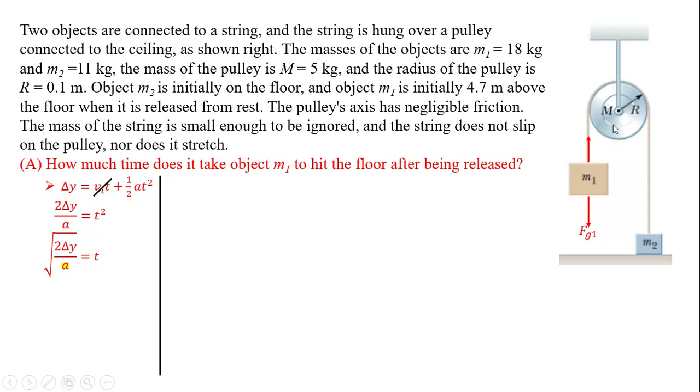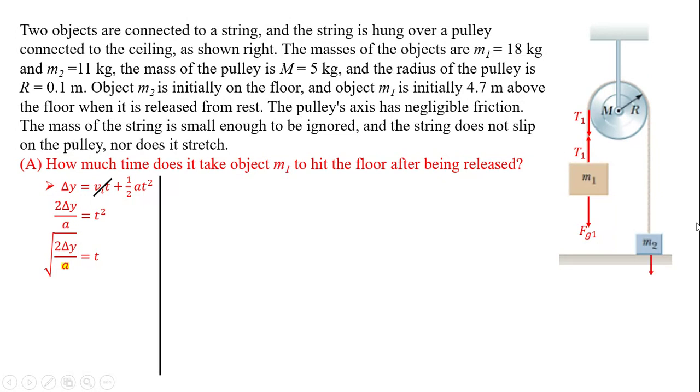Because the mass of the pulley is not neglected, the tension on the left and right side will be different. I'm going to call this T1 on the left side, but on this portion of the string there's also a T1 pointing down, because it will cause the pulley to rotate. So the T1 pointing up is for the block, and the T1 pointing down is for the pulley.